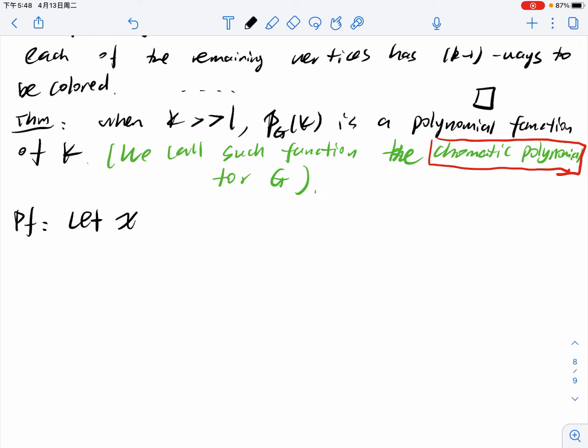So let x and y be two vertices of G that are adjacent.